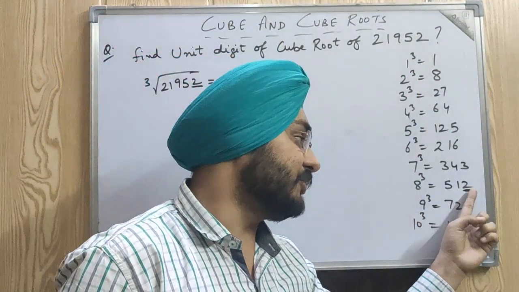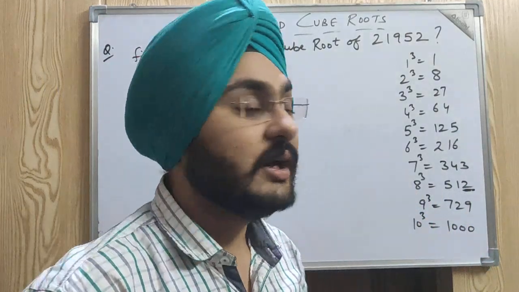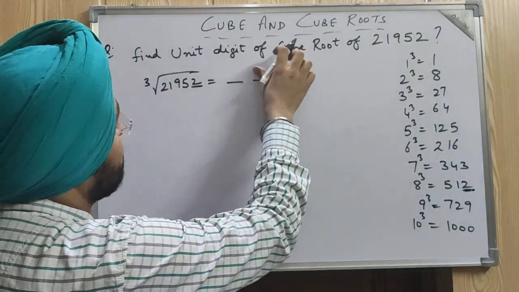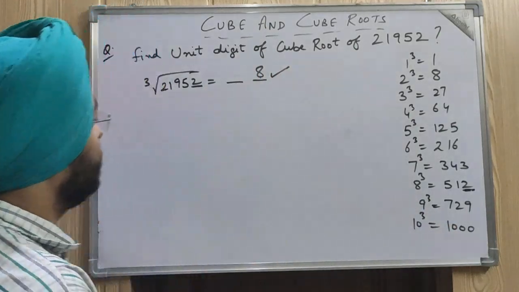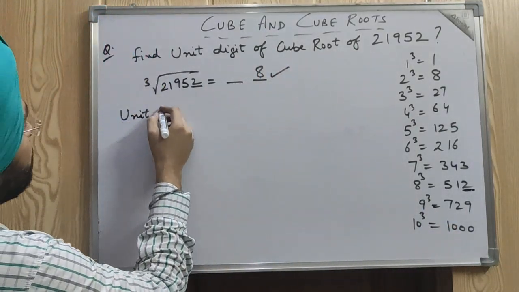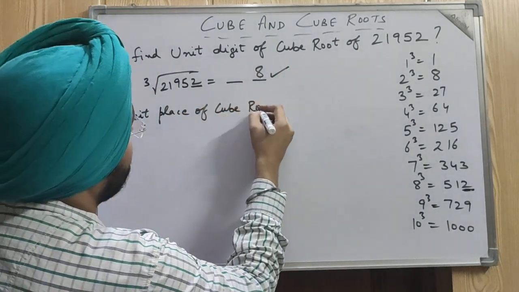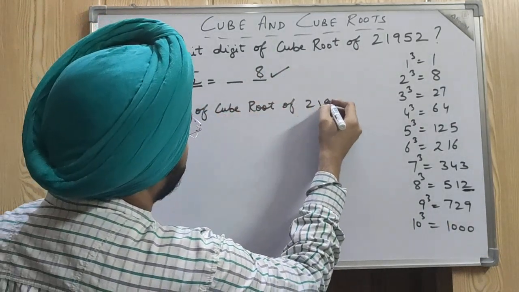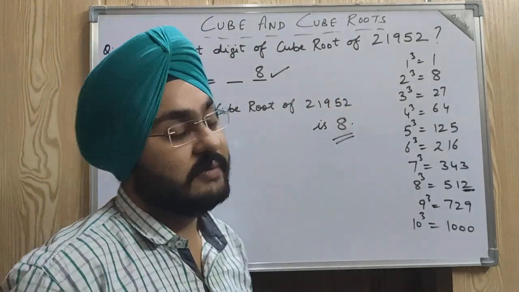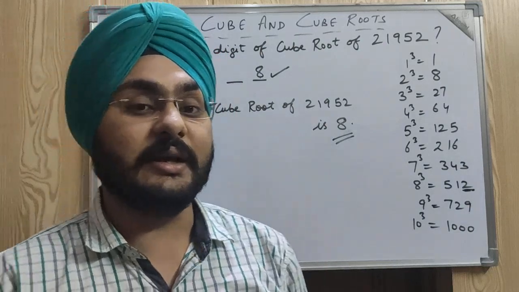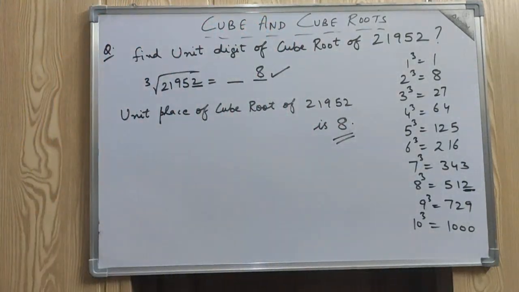The unit place of 512 is 2. Just see whose cube this is. This is the cube of 8, so the unit digit of the cube root will be 8 only. So I will say the unit place of the cube root of 21952 is 8. Very simple. In this way you will be calculating for this type of question. So coming to the next question now.